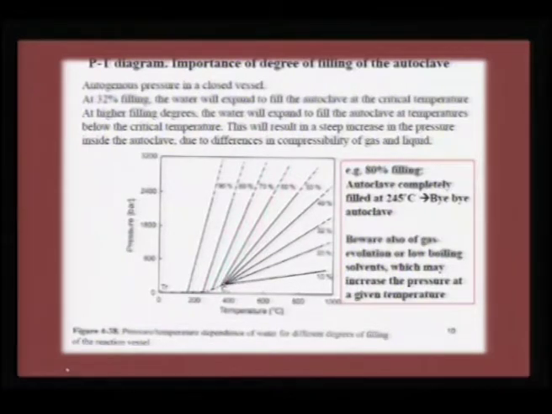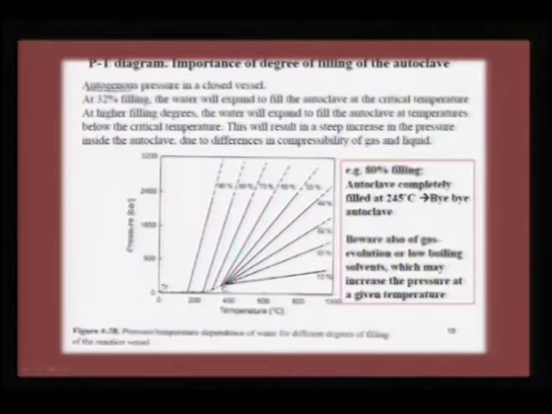One of the prime criteria for hydrothermal synthesis is the pressure temperature diagram, which is very important, and we need to know what is the loading factor that will give you the optimum pressure that you are looking for. The autogenous pressure in a closed vessel can achieve different proportions depending on the filling.